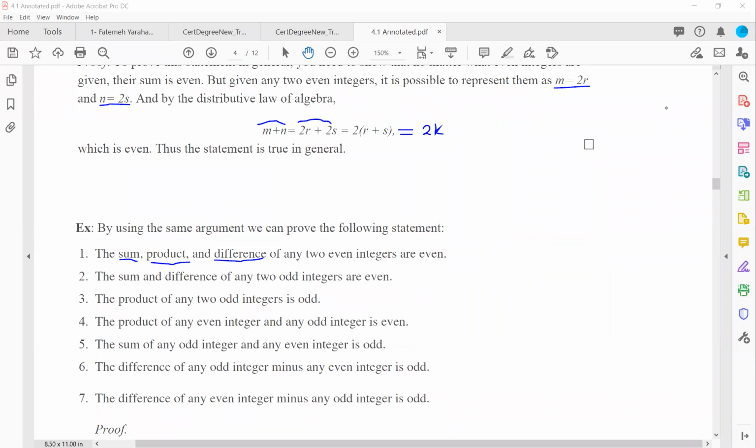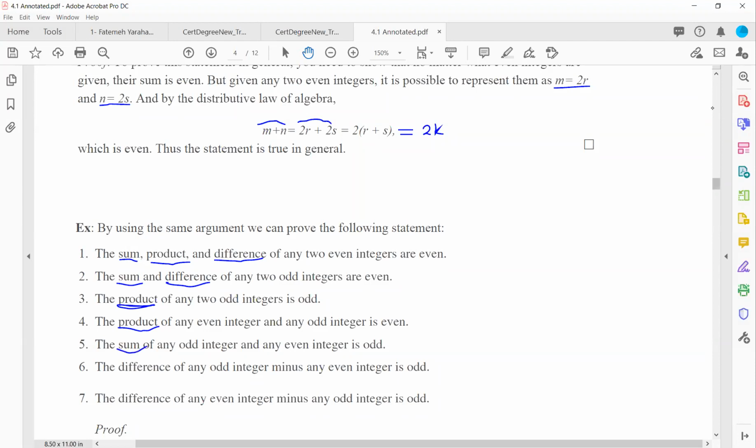The difference of any two odd integers is also even. The product, multiplication, of any two odd integers is odd. The product of any even integer and any odd integer is even.